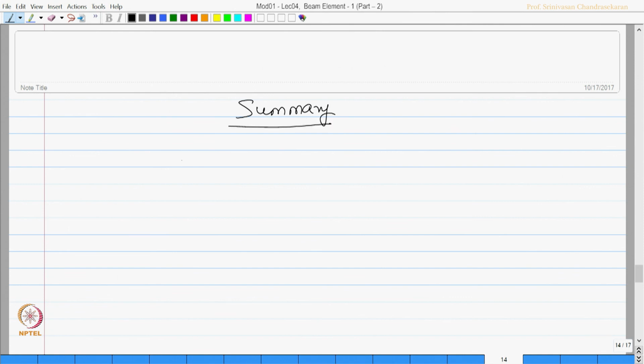In this lecture, we introduced the conventional beam element, which is actually a fixed beam. We also recommended certain sign conventions which are required to follow the derivation.